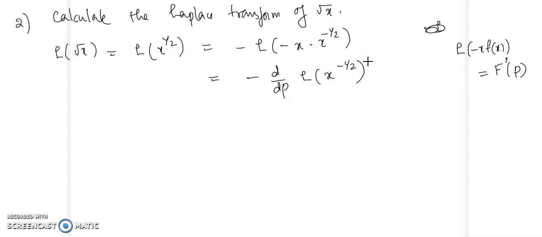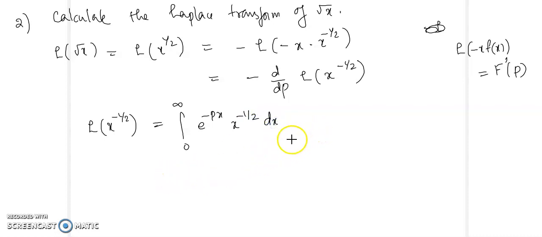Now we need to find what the Laplace transform of x raised to minus 1 by 2 is. By definition, that is the integral from 0 to infinity of e raised to minus px times x raised to minus 1 by 2 dx. Now let us put px equal to t.